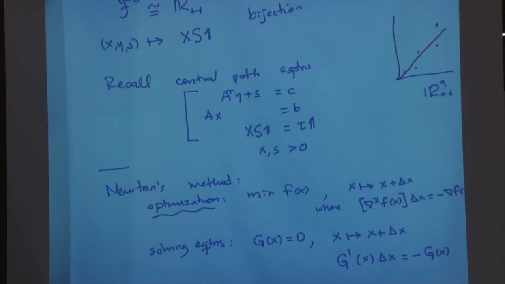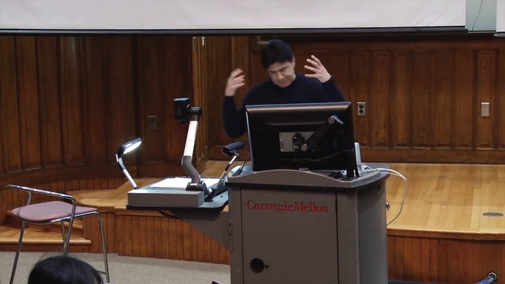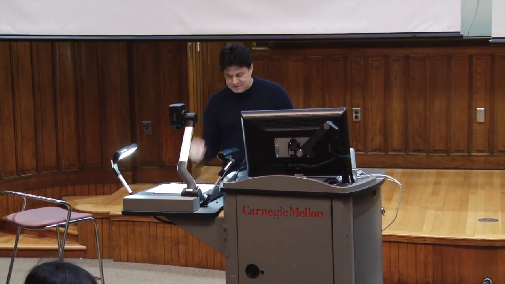Okay? So both of these can be seen as the same thing. If you think about g of x as being the first order conditions, g of x as the gradient of f equal to 0, observe that both of these things are doing exactly the same thing. The Hessian is nothing else than the derivative, the Jacobian of the gradient of f. Okay, so these two things are essentially identical if you think in terms of unconstrained optimization as the same thing as solving the optimality conditions.